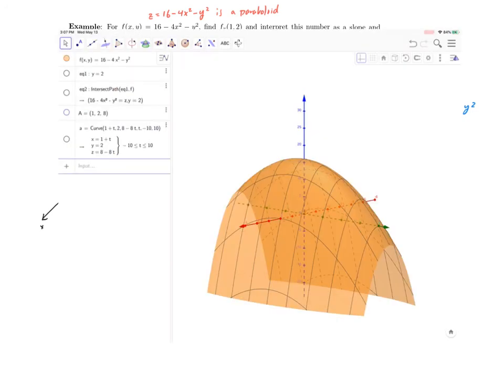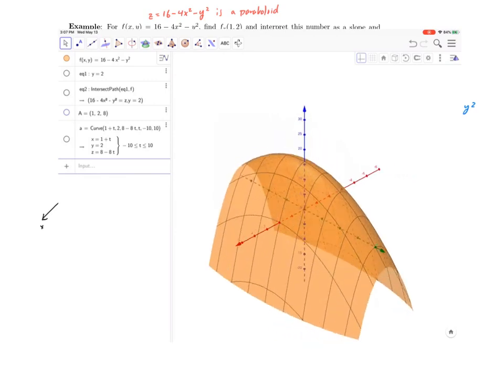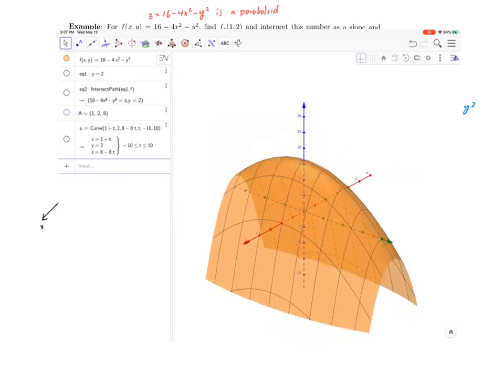And to help visualize this scenario as well as we possibly can, I have a little video clip of a GeoGebra animation that I'm going to talk over. So what we are seeing is our surface is a paraboloid opening downward, having a z-intercept of 16. We're interested in specifically this point (1, 2, 8).